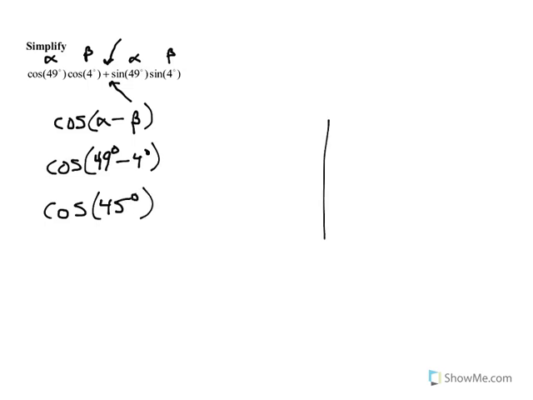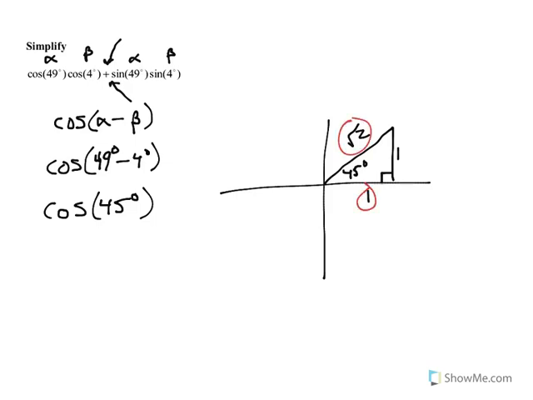And cosine of 45 degrees, if you don't have it memorized yet, is a 1, 1, radical 2 triangle. What's our cosine ratio? X to r, so 1 to radical 2. And then you can rationalize that, radical 2 over 2.